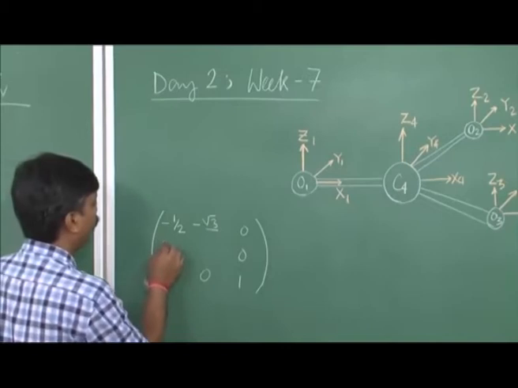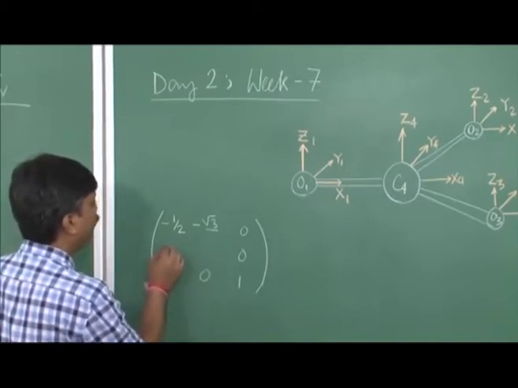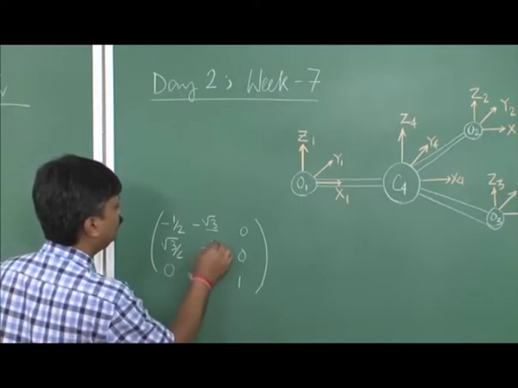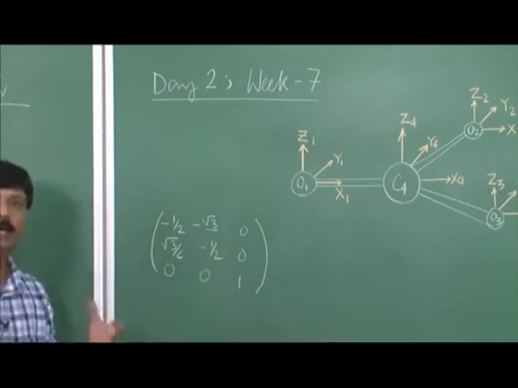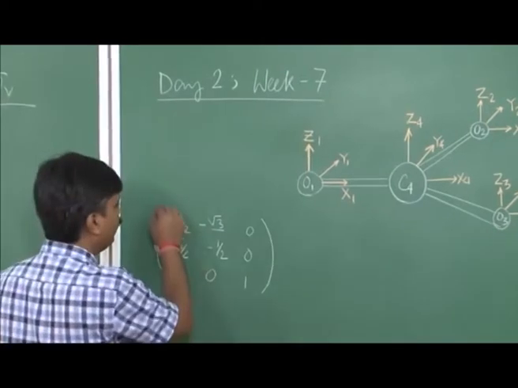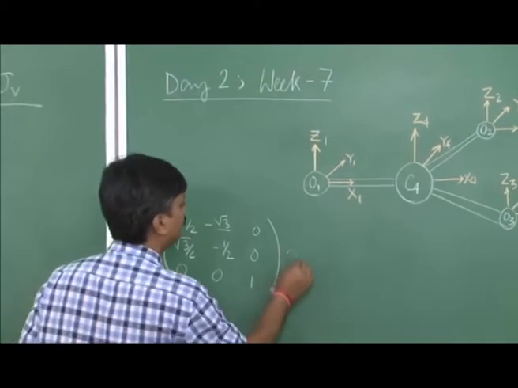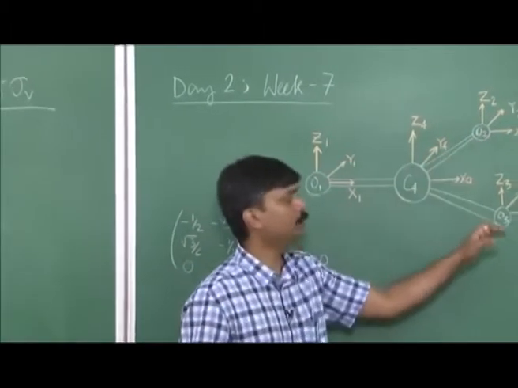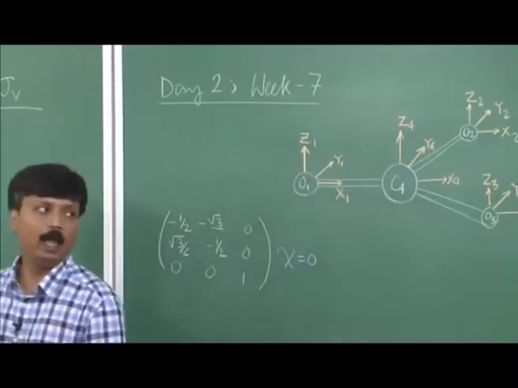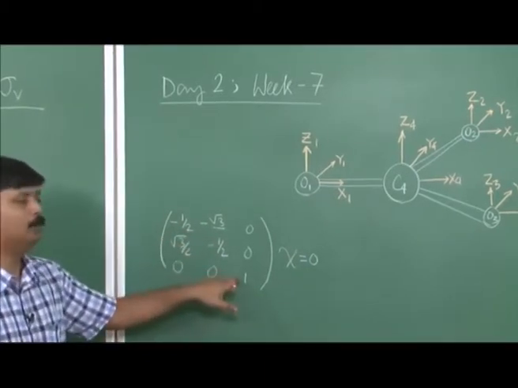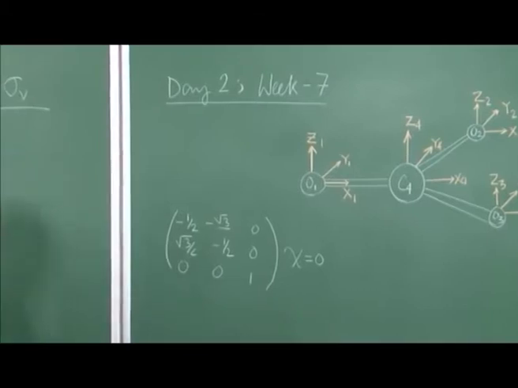The other part will be root 3 by 2, and here it will be minus half. You can figure this out yourself. Therefore, if you look at the trace of this, you will have 0. So the other 3 oxygens contribute 0, and though this one contributes to the diagonal, the overall sum will be 0.